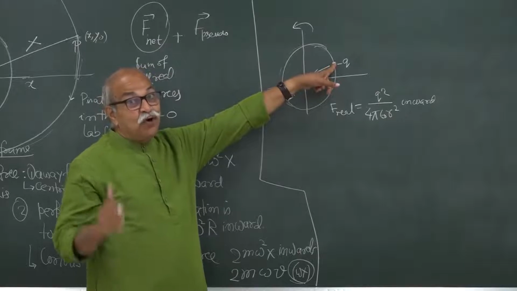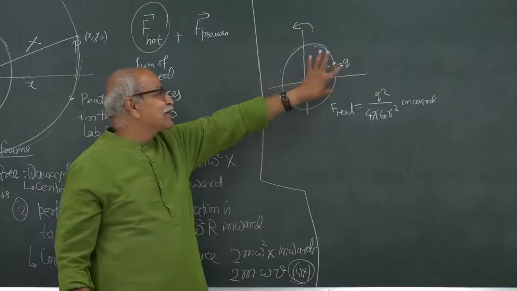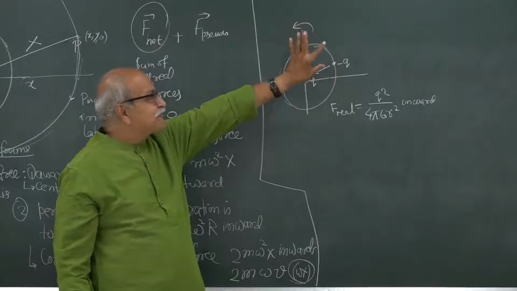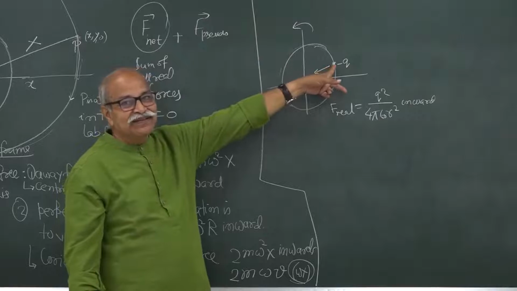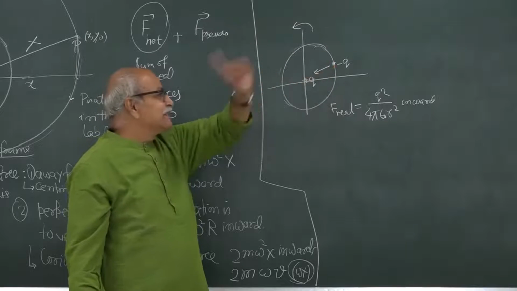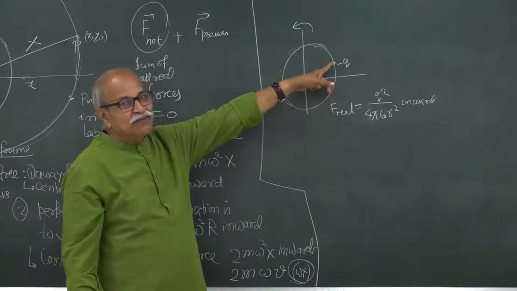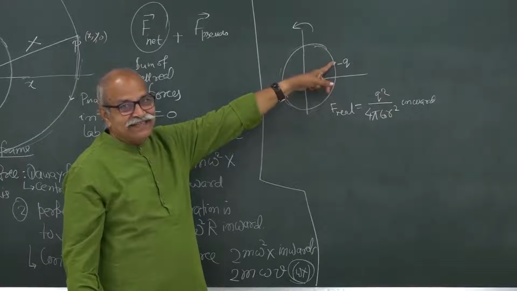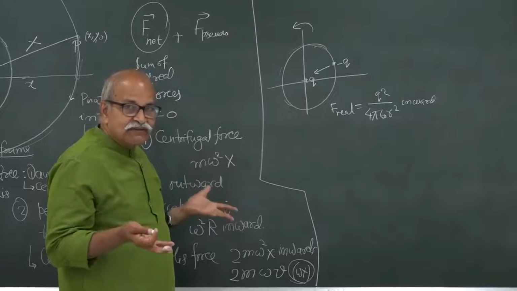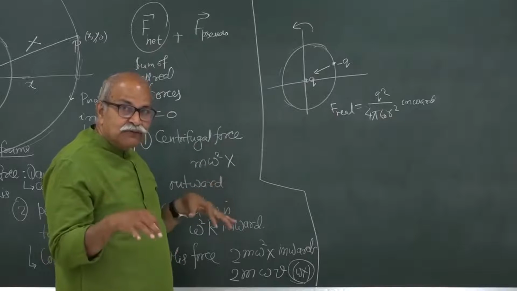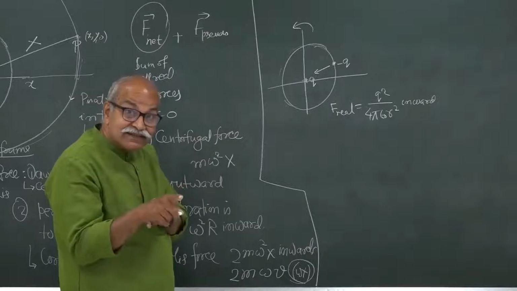This particle is not going in a circle. I am talking from that rotating frame. My frame is rotating, and from that frame I am analyzing the motion of this particle, and in this particular case, the particle is not moving, it is at rest, and therefore what pseudo force do I require? The total force should be 0, the particle is at rest.